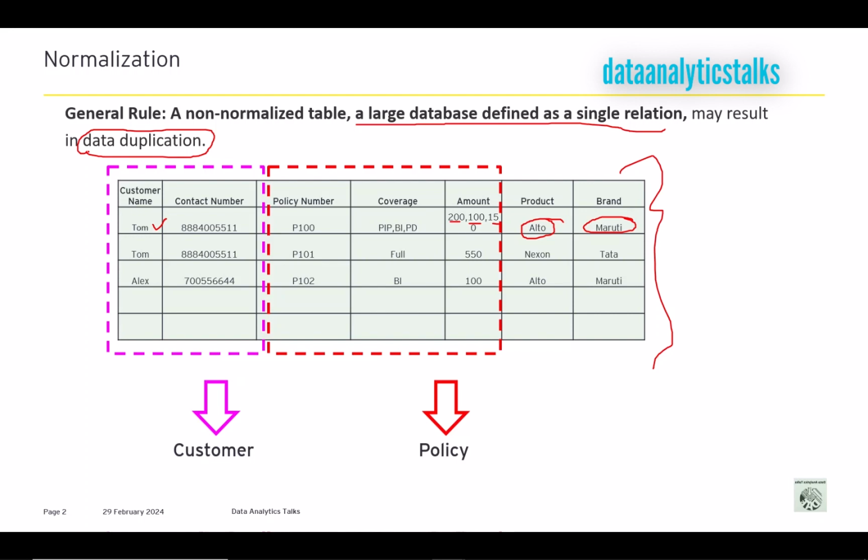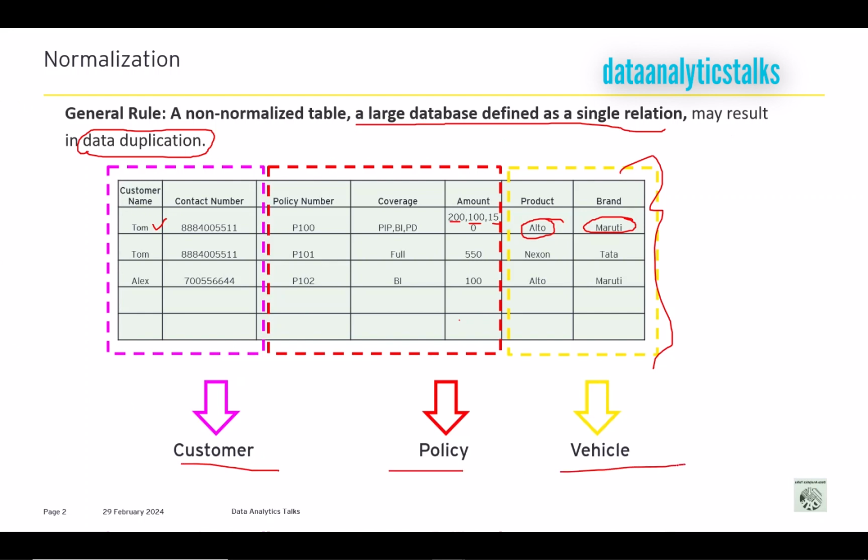Then there is one more entity you can see: product, for which product you are taking insurance. So there is a customer, there is a policy, and there is a vehicle.